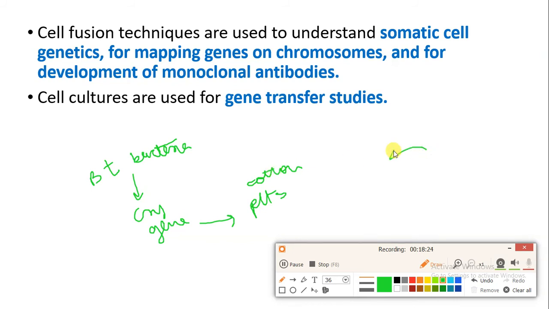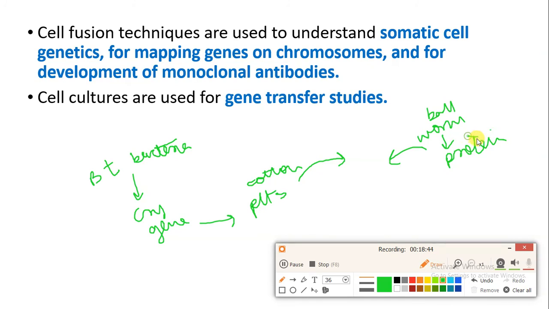So whenever any kind of worm, suppose a bollworm, eats this kind of plant, the cry gene's product enters these organisms, and a protein is produced in them, and that protein is a toxic protein.